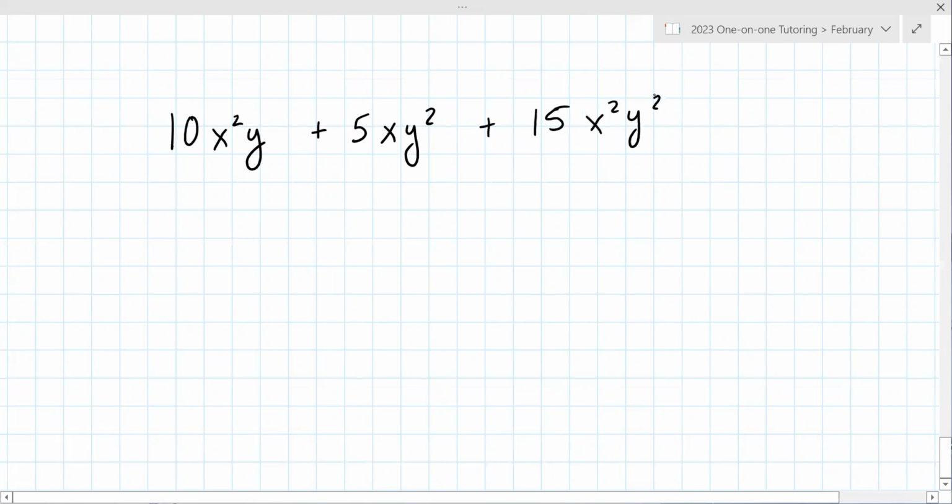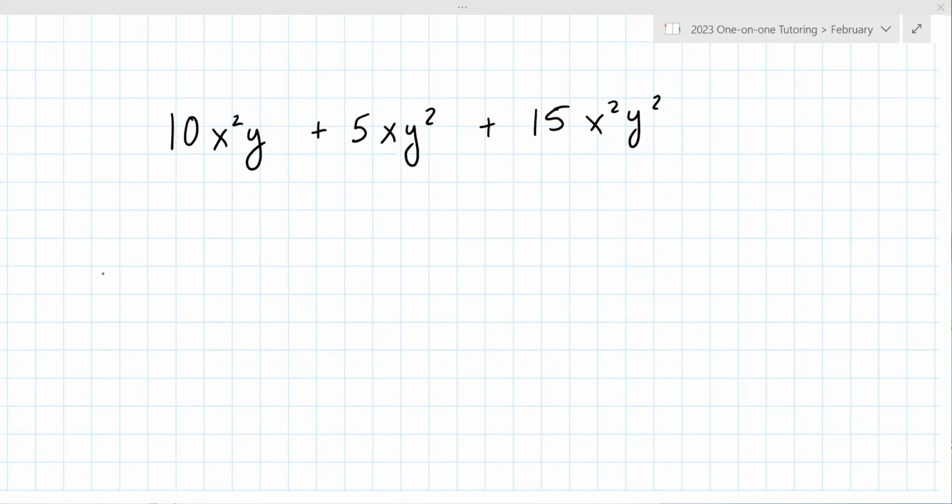So it's also possible, and we'll work this together here. It's actually possible for there to be more than one variable as a GCF. So let me show that here. Let's say it's 10x squared y plus 5x y squared plus 15x squared y squared. Okay. So between the three numbers, the 10, the 5, and the 15, what is the GCF? 5.